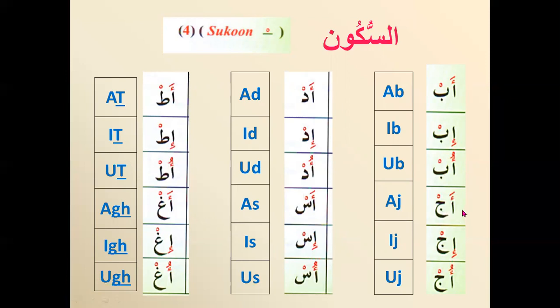Then aj, ij, uj, and so on. Next we have ad, id, ud, as, is, us, at, it, ut, ag, ir, ur. This is how we read this one.